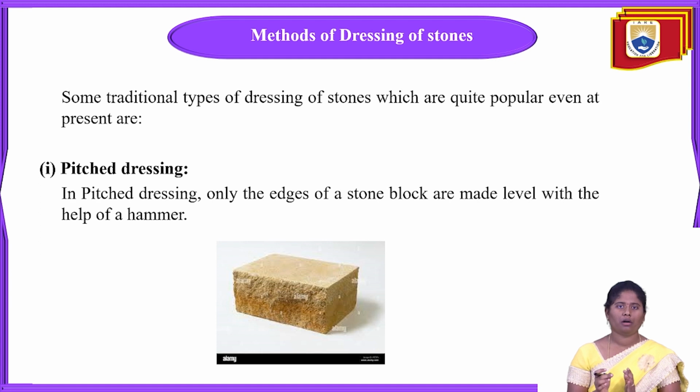If we want our stone in a square shape, we have to cut that stone into the desired shape. After cutting that stone, only the edges of that stone will be made level. Four sides will be there, and those four sides of the stone block can be made level with the help of hammers and also chisels. That is all about pitched dressing.